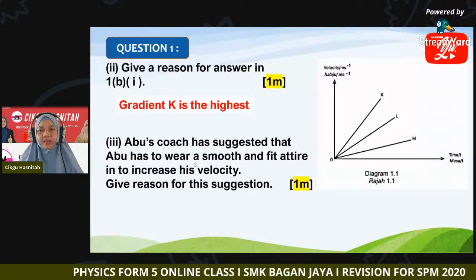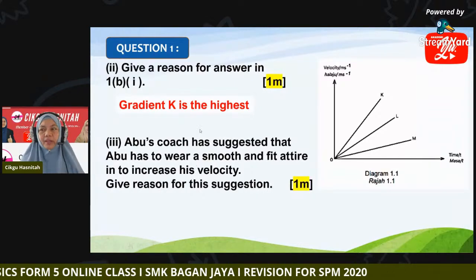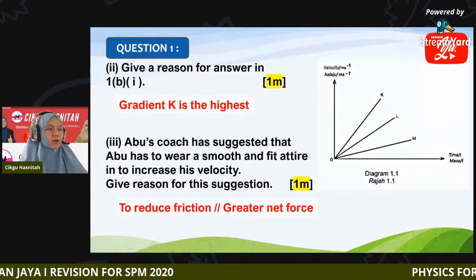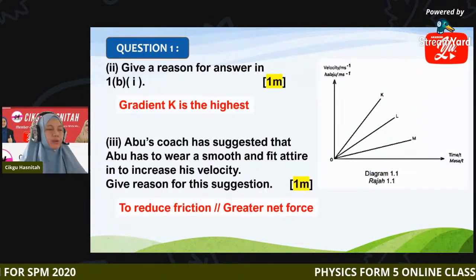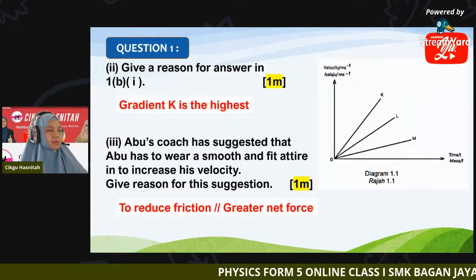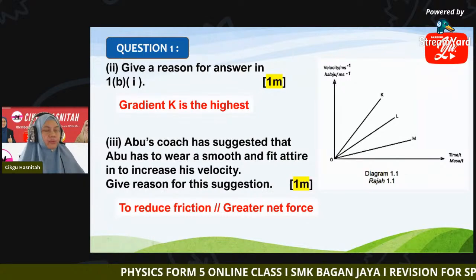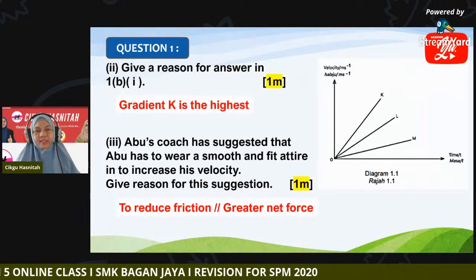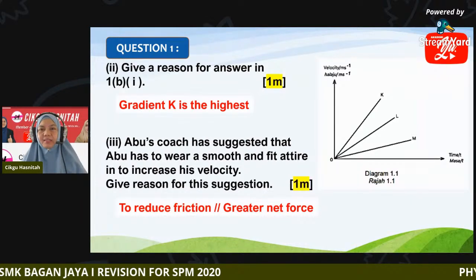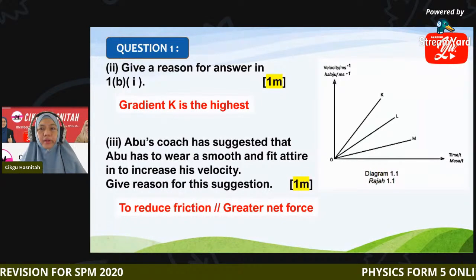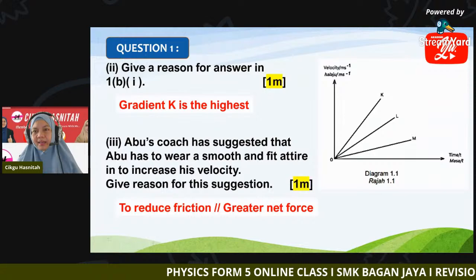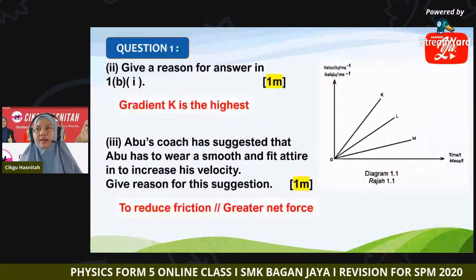Yes, very well. To reduce friction, or you can say so that Abu will have a greater net force. To reduce air resistance, yes, true. Air resistance or friction. Yes, reduce air resistance, William. Okay, next we go to question C.